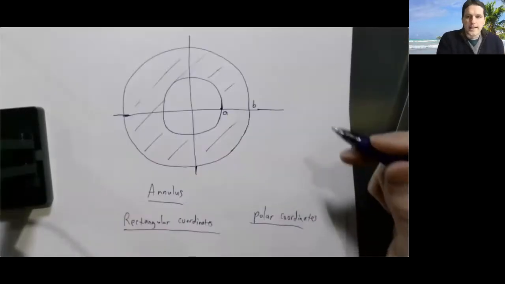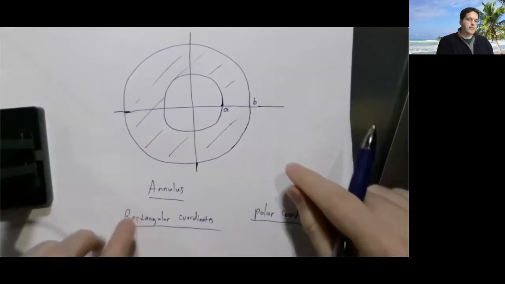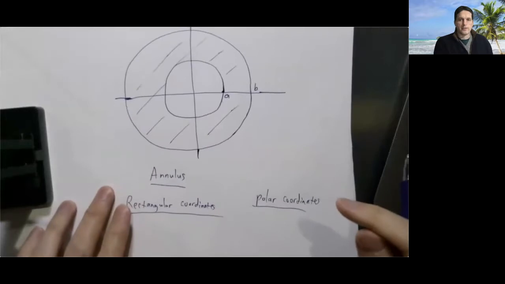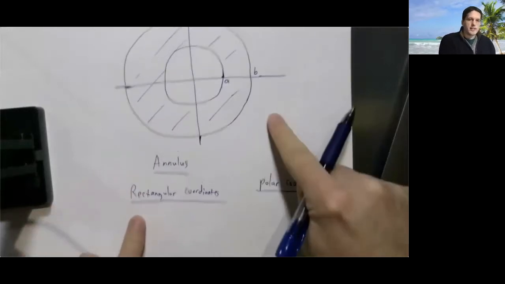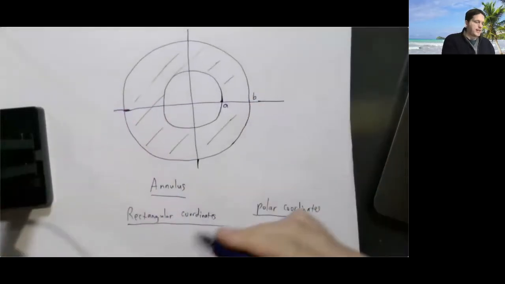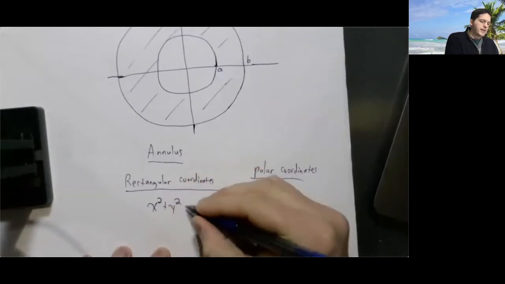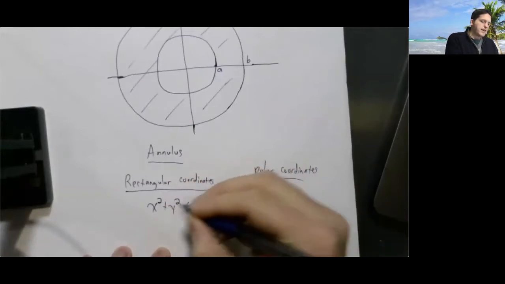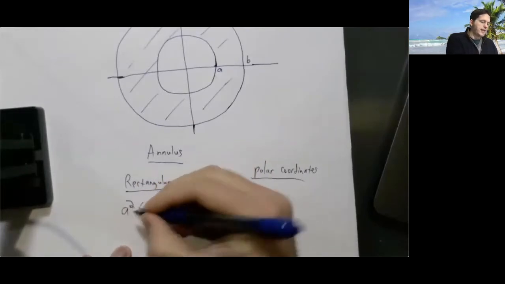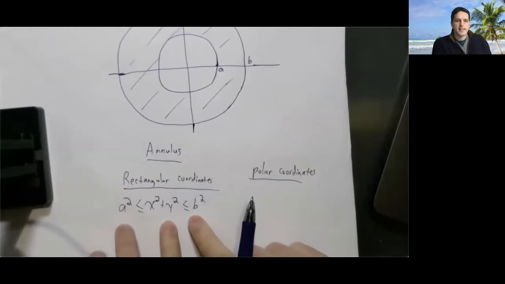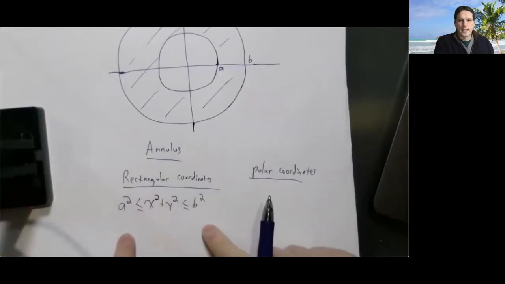Another example is an annulus or a ring, which looks like this. If we're using rectangular coordinates, then the equation of this region in the plane is x squared plus y squared is less than or equal to b squared, and x squared plus y squared is greater than or equal to a squared. This is how you describe this annulus using rectangular coordinates.